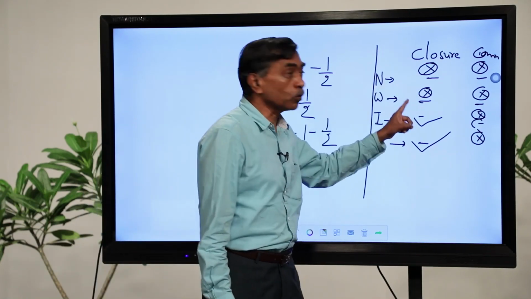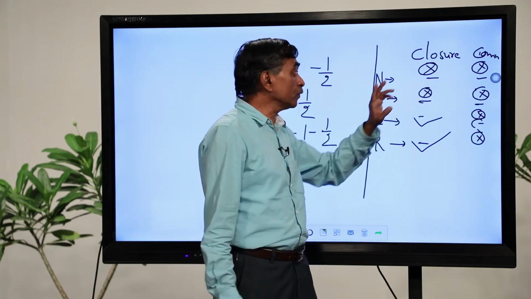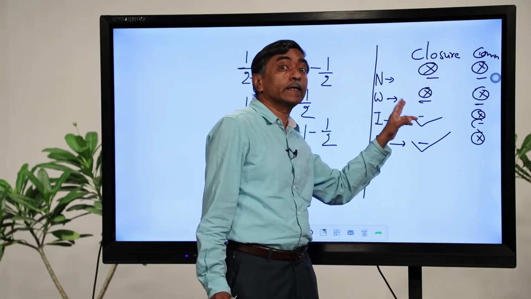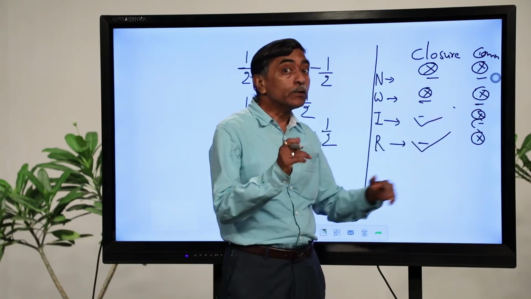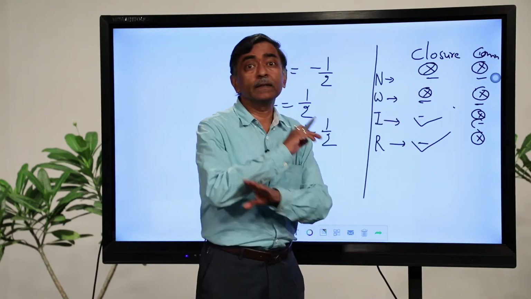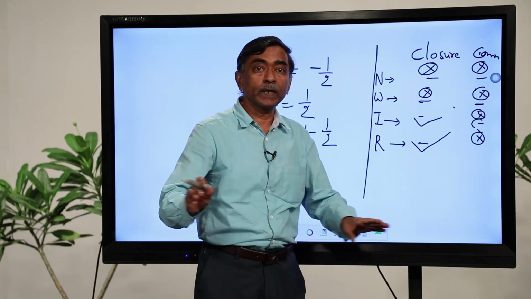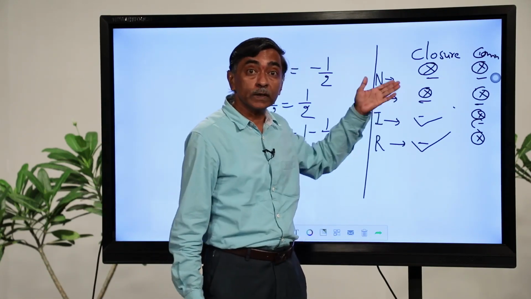If a collection is not closed, then definitely it is not going to be commutative. But if it is closed, it may or may not be commutative. That is the situation, but if it is not closed, the case ends there.